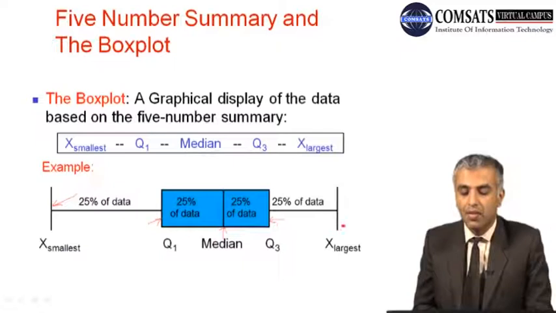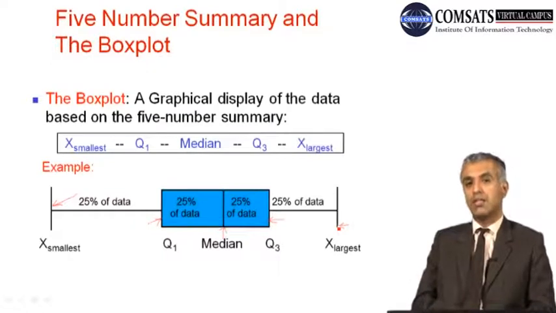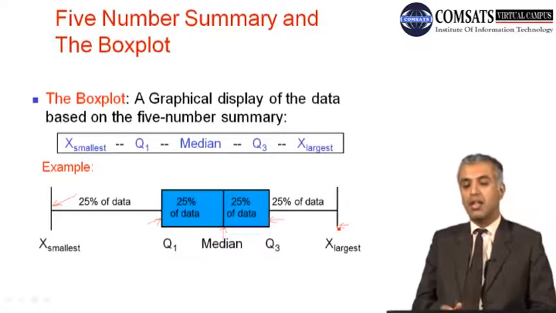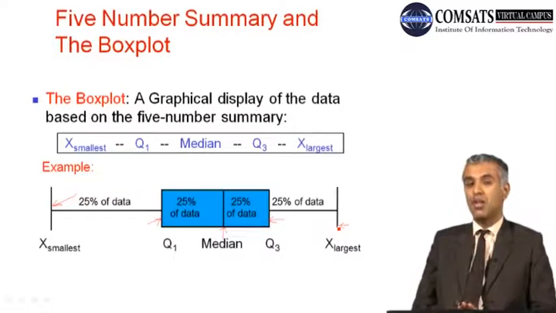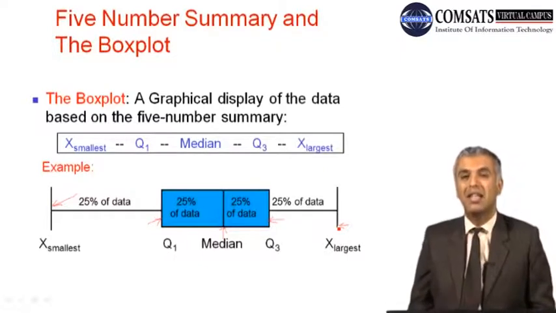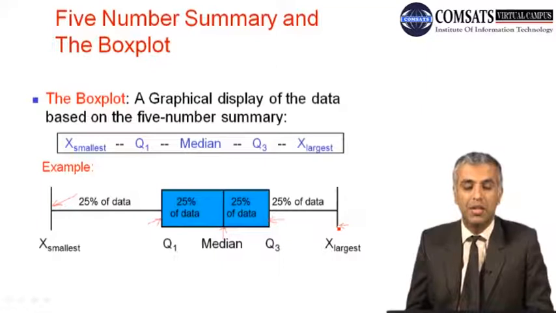The largest value is the other extreme, shown here, and box plotting gives us a complete picture of where the quartiles lie in a data set. Their location on the left side or right side also tells us the spread of the data, whether it lies on the higher value side or whether the majority of the data is on the lower value side. So box plotting is very effective in giving us such vital information.